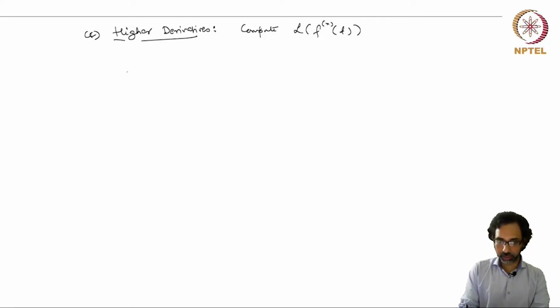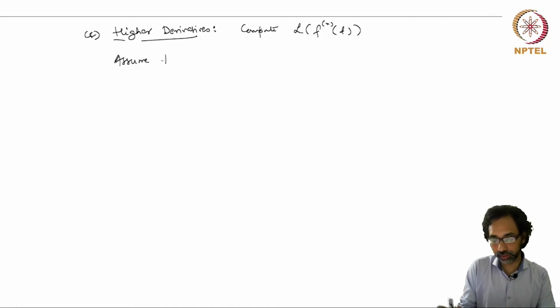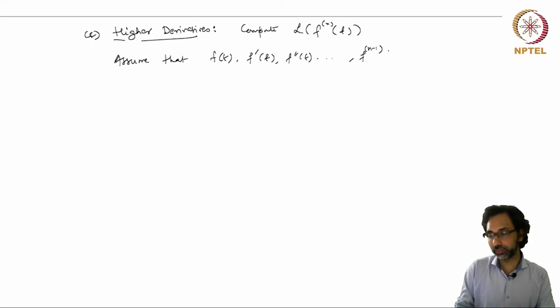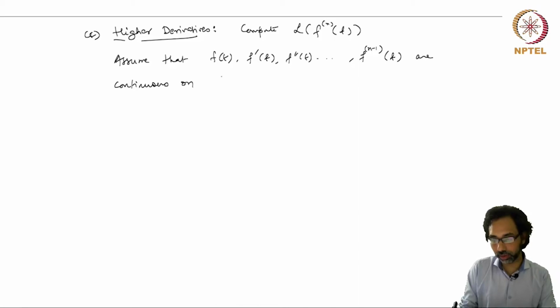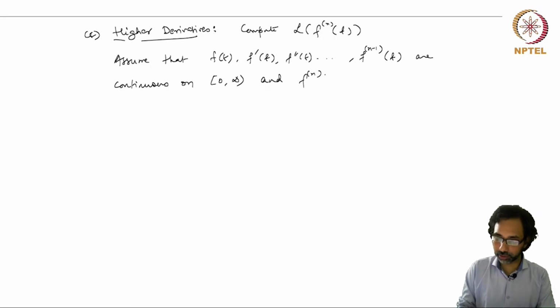So before the formula I have to assume some things. Assume that f(t), f prime t, f double prime t, and so on up to the n minus first derivative of f are continuous on the whole interval 0 to infinity, and the nth derivative is piecewise continuous.